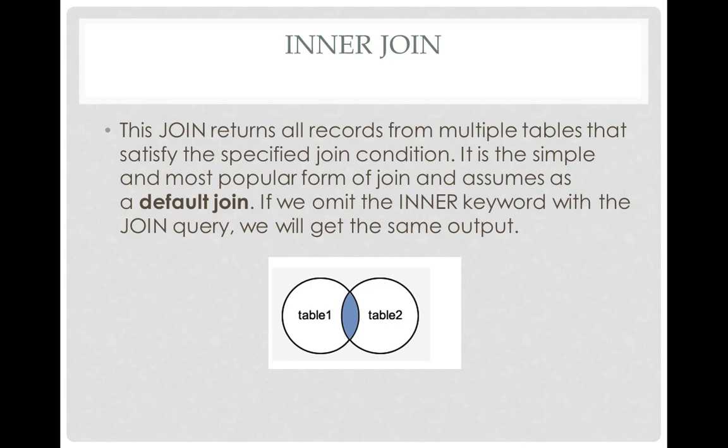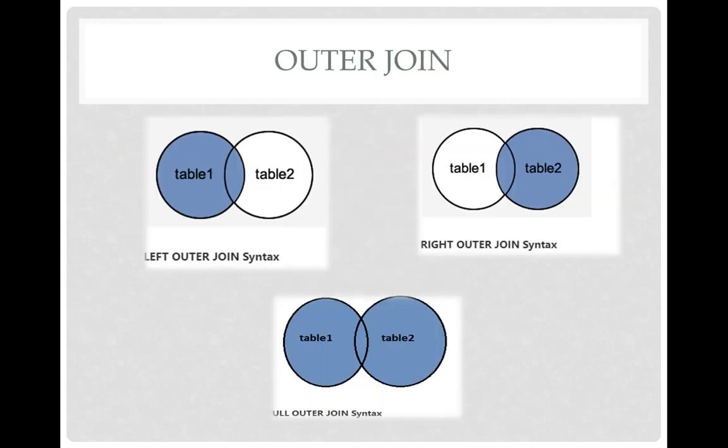Those are the common fields. As per the rules of a Venn diagram, this is the intersection part between two sets. Outer joins are of three types: left outer, right outer, and full outer. Now we will see a few examples to perform inner join and outer join.